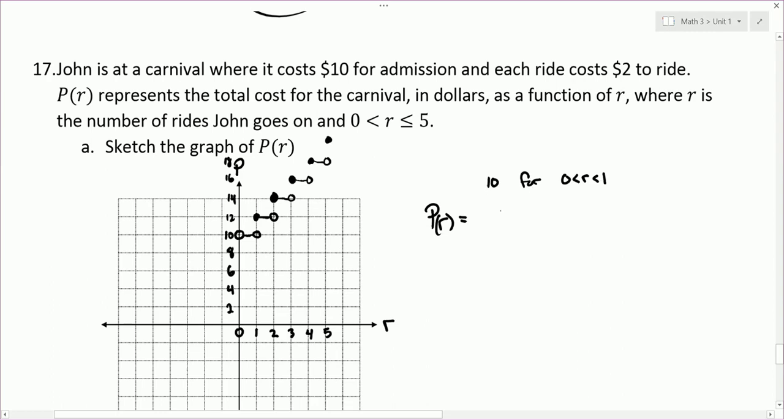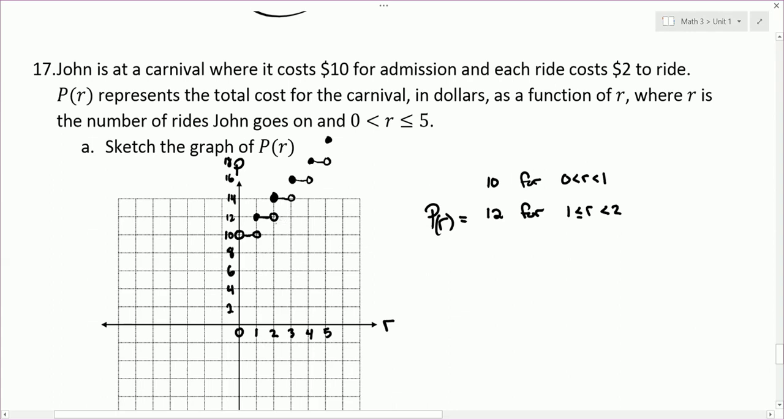Okay. The next part, we're going to pay $12 for R being equal to 1 or less than 2. Again, we have a similar thing here. It's kind of a weird thing with the domain.